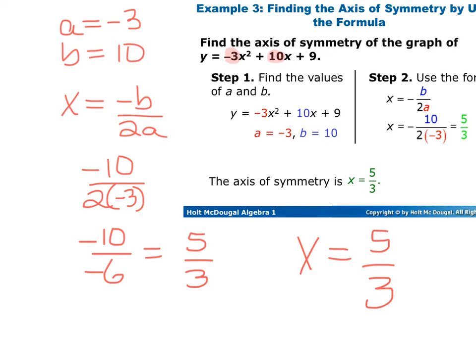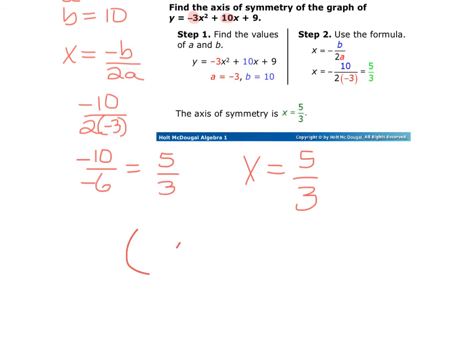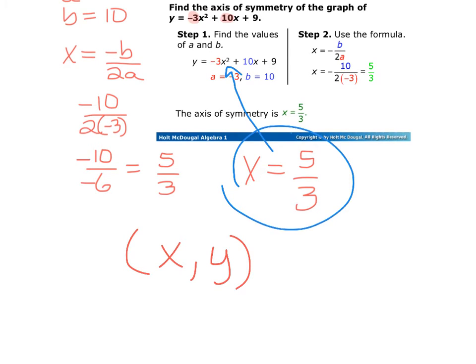So what would be the vertex then? Okay, we're going to learn that coming up, but just to give you a preview, once you find the x, remember the vertex is an ordered pair. So you would take this and plug it back into your equation to find the y.